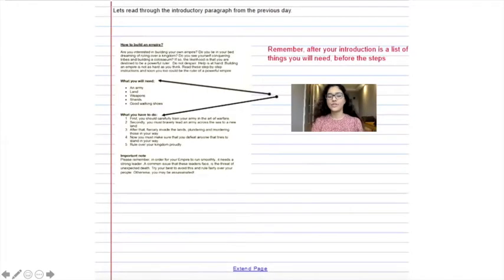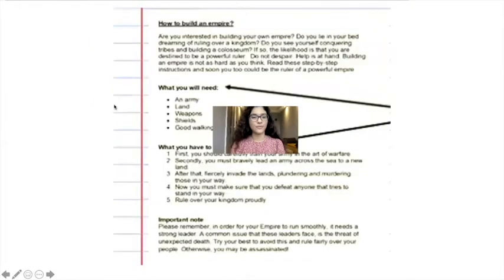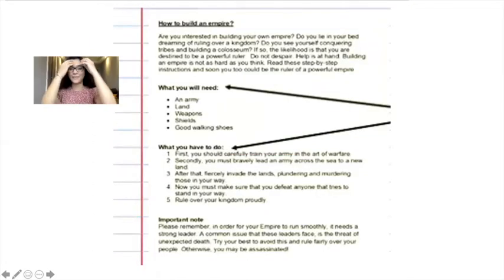So what we're going to do then is have a look at our text map, and we're going to read through the introductory paragraph from the previous day. I've made it nice and big for you. Let me move out of the way, so if you want to see it a little bit closer, then you can do so. So the introduction then. How to build an empire. Are you interested in building your own empire?